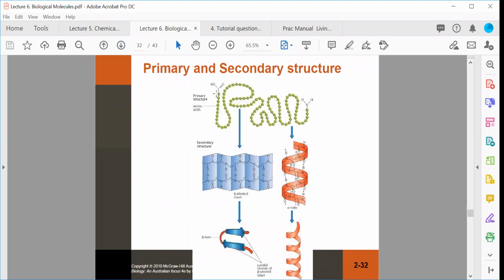All right, so once again, here is the primary structure. That is the order of amino acids that are linked together into a polypeptide chain. If we were to look at just this region here and here, we can see there's one part of the chain there, and another part of the chain there, and they are interacting with each other.